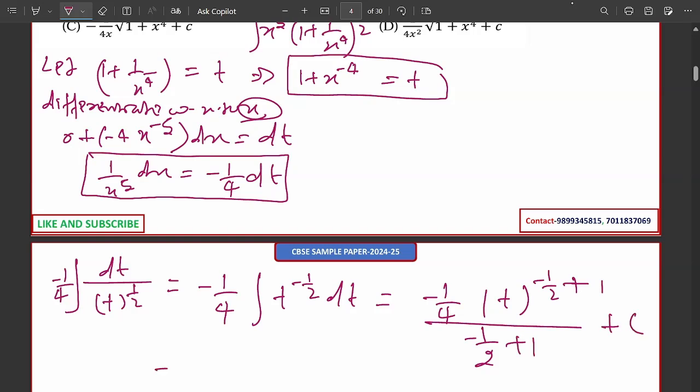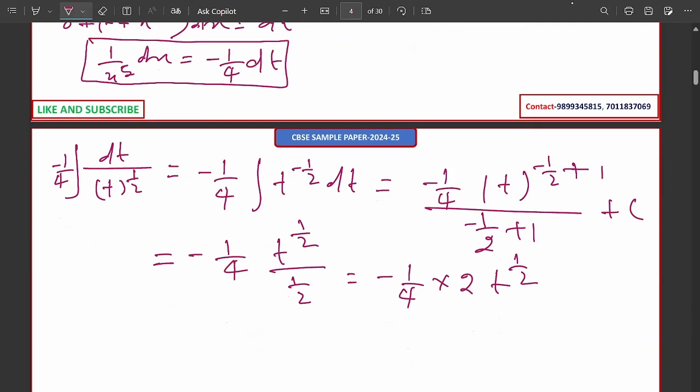So minus 1 by 4 t raised to the power 1 by 2 over 1 by 2. It will become minus 1 by 2 square root t plus c.